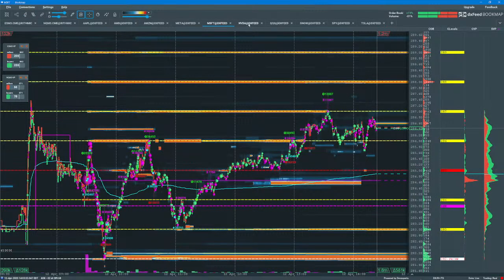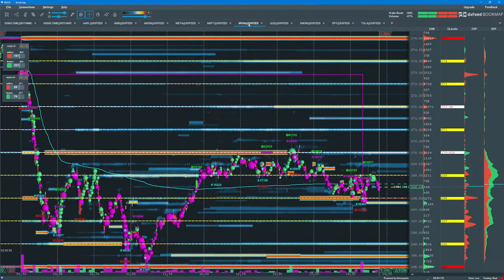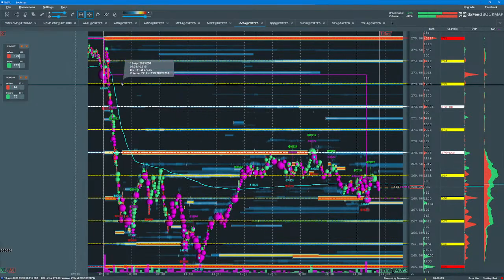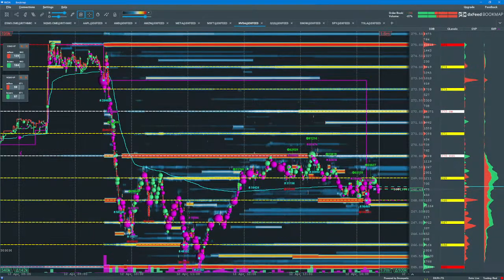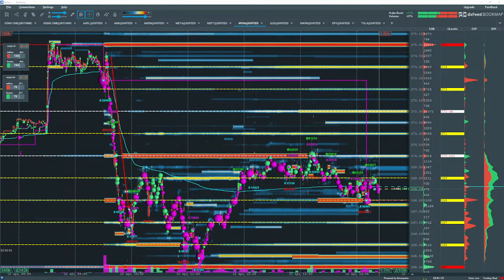Take a look at NVIDIA. So there's the quick drop, and you definitely had to be prepared for this. Quick short. One clue to be prepared for this.